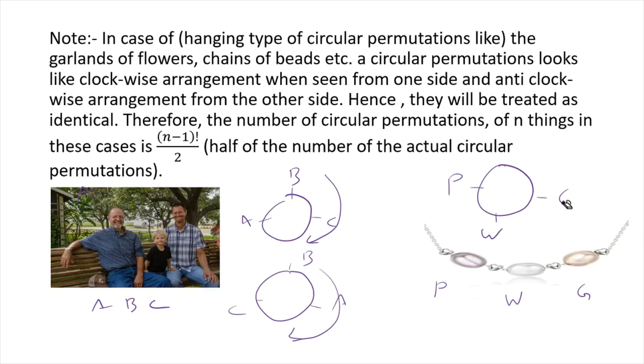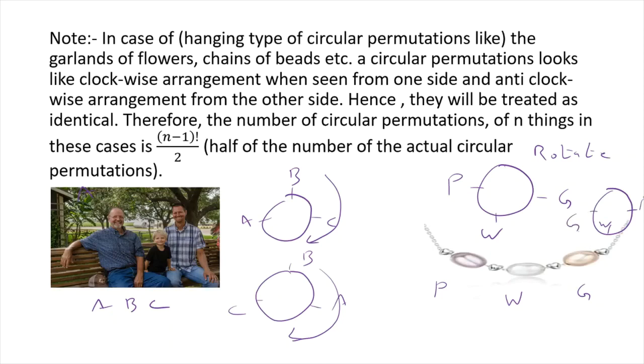Now I don't want this gold color bead coming onto my chest side. I want the pink color bead to come onto my chest side. What I can do is rotate this chain and then wear it. After rotation, I will have white as it is, here I will have pink, and here I will have gold.